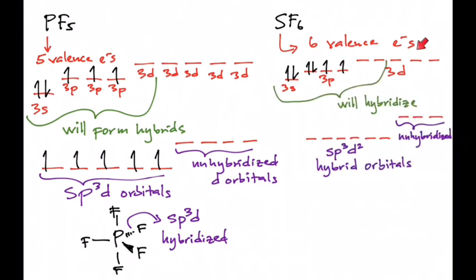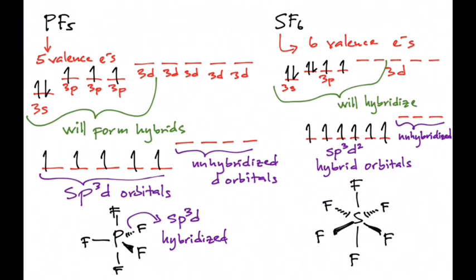All right, so the remaining unhybridized orbitals would be these 3 right here. And so the hybrid orbitals are now known as sp3d2 hybrid orbitals because you have 1 s orbital, 3 p orbitals, and 2 d orbitals. So now you can evenly distribute all 6 valence electrons in these hybridized orbitals, as shown here. So all of these single bonds formed between sulfur and fluorine are called sp3d2 hybridized.